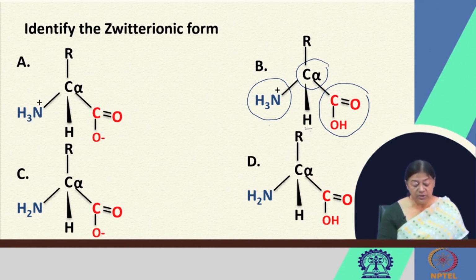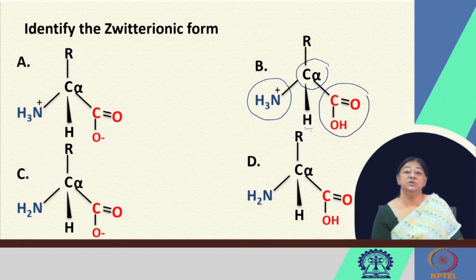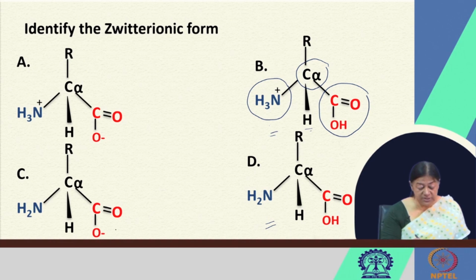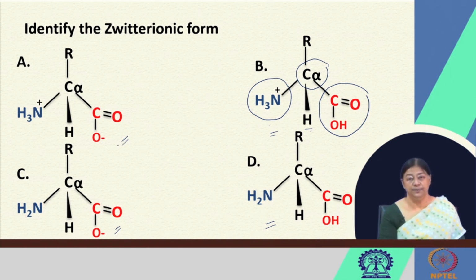Now, if we try and understand what a zwitterionic form is, we know that the zwitterionic form has a charge of 0. So, if we study each of these structures carefully, we will see that option B has a charge of +1, option D has a charge of 0, option C has a charge of -1, and option A has a charge also of 0.